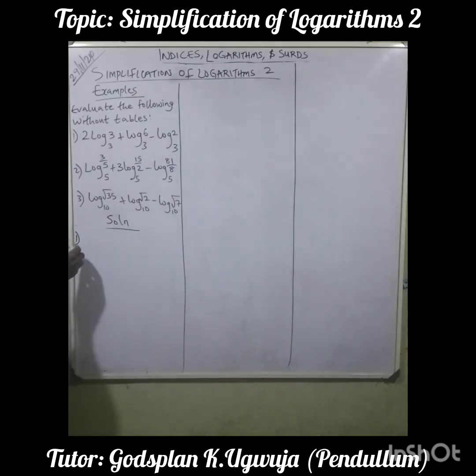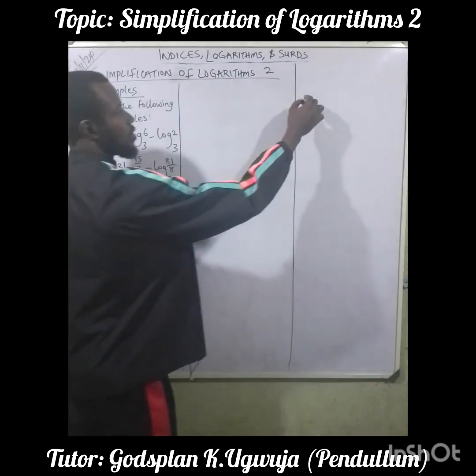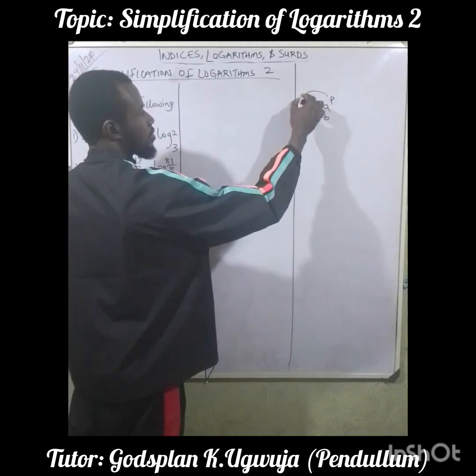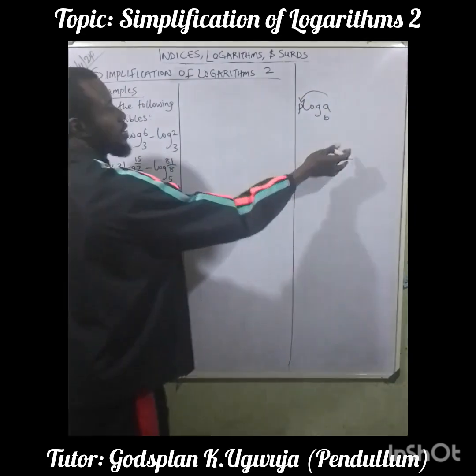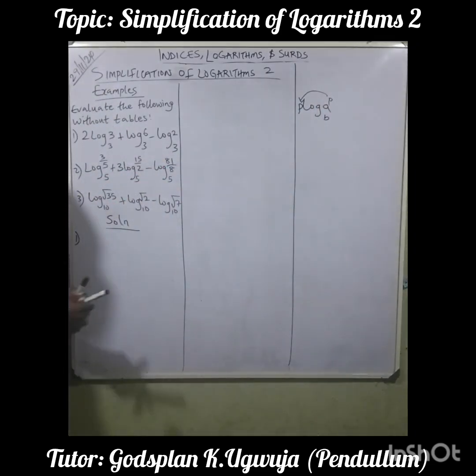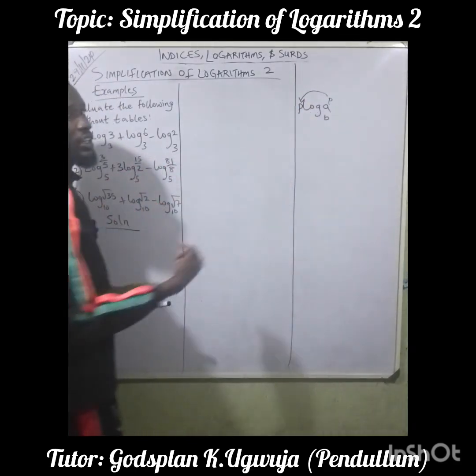Now let's look at these questions one by one. First, we have 2 log 3 base 3, plus log 6 base 3, minus log 2 base 3. One of the first things to do, remember from the power law, if you have log a b^p, the p can come back to the front without changing anything.